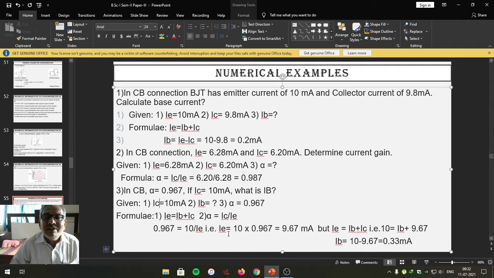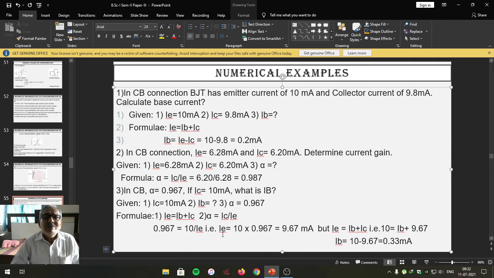Here we have calculated IC. We have to calculate IB. IE is already given, that is 10 milliampere. Use the formula that IE is equal to IB plus IC. Therefore, IB is equal to IE minus IC, and therefore IB is equal to 10 minus 9.67, that comes to be equal to 0.33 milliampere.